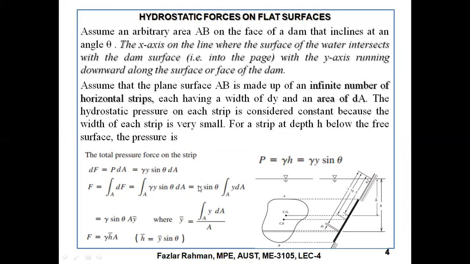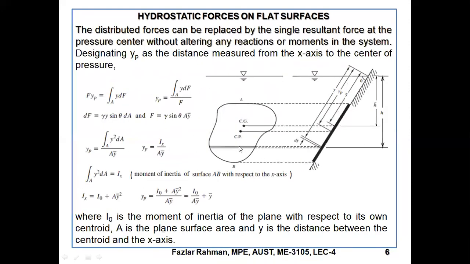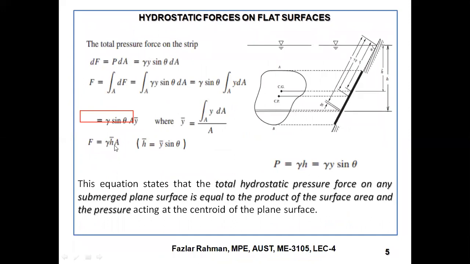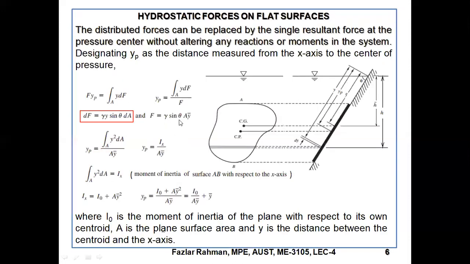So we will put this dF there. And what is the value of F? In the bottom we have F. So how can we get the value of F? F equals gamma h bar into area, that is gamma y bar sine theta into A. So F equals gamma sine theta A y bar.